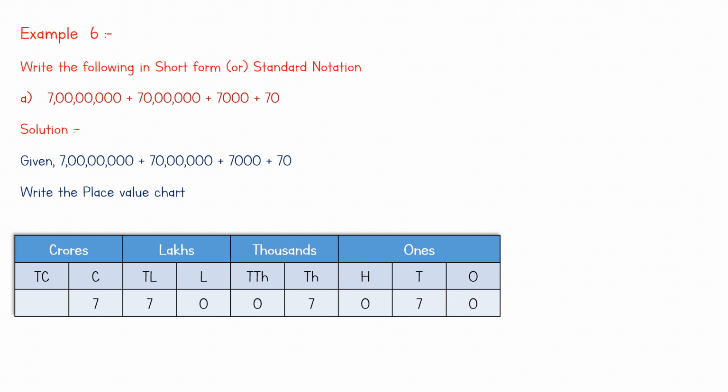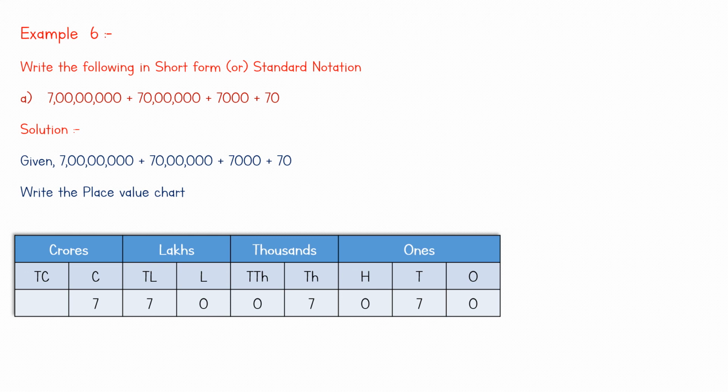No, so write 0. Then the lakhs place: there is no number, so write 0. Then in the 10 lakhs place, 7 into 10 lakhs, write 7. Then in the crores place, 7. Is it clear?